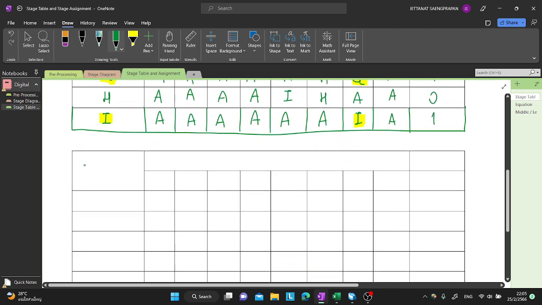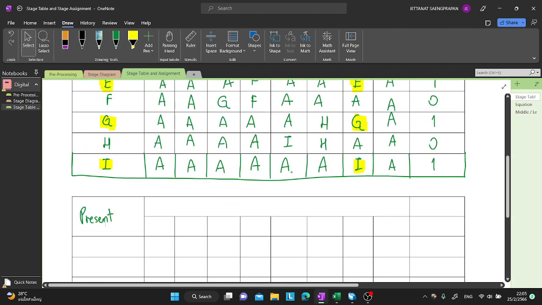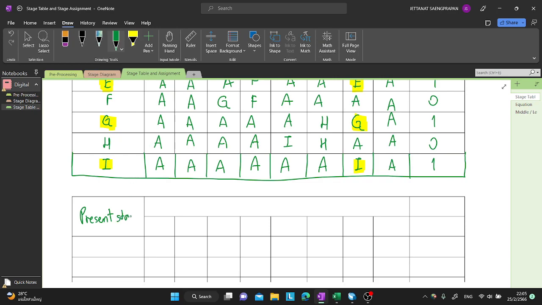So I can write it again. Present state, next state, output.